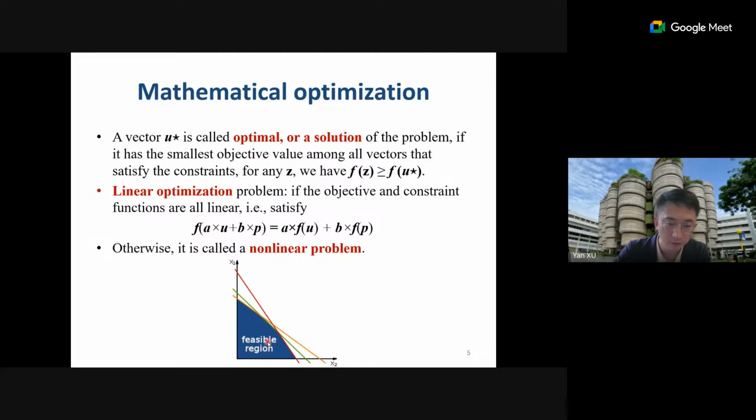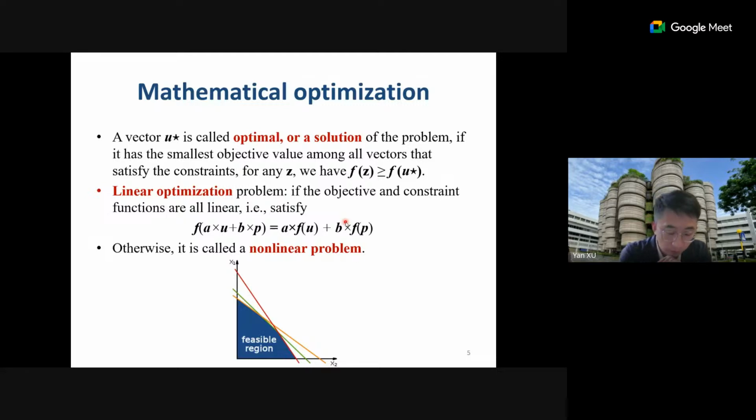This region forms the candidate solutions, which means the solution must exist in this region, and this solution will lead to the smallest value of f. So this is the so-called linearity and nonlinearity.